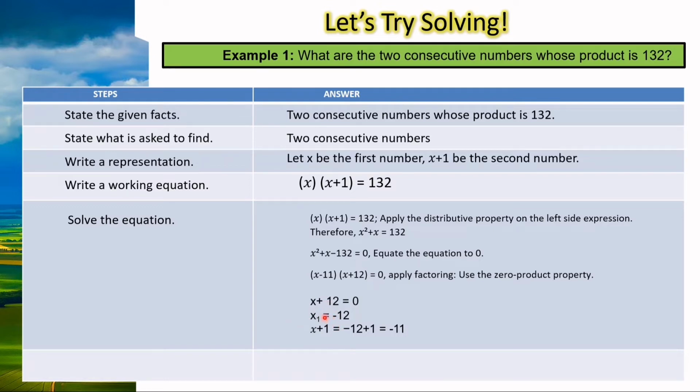You're going to equate the two factors to 0 to get the solution. So what is the first value of x? That is negative 11. How about the other one? So you have x minus 11 is equal to 0. So getting the value of x, the value of x sub 2 is 11.